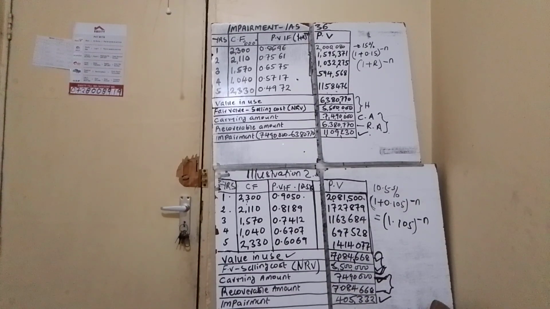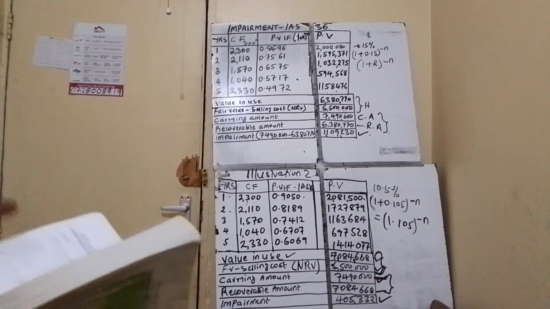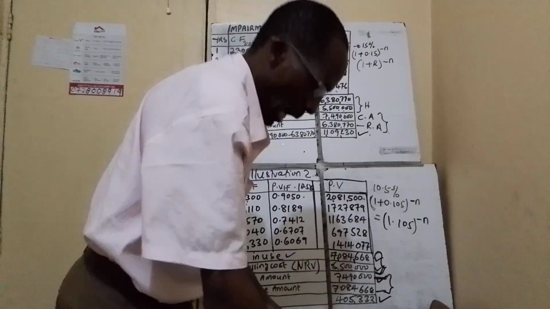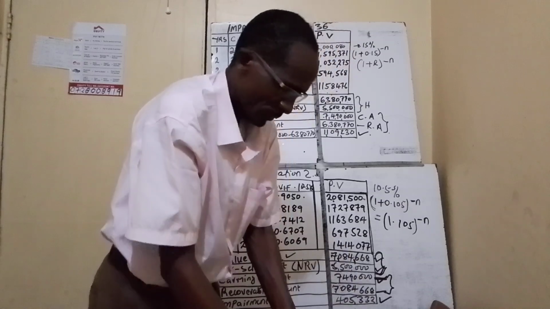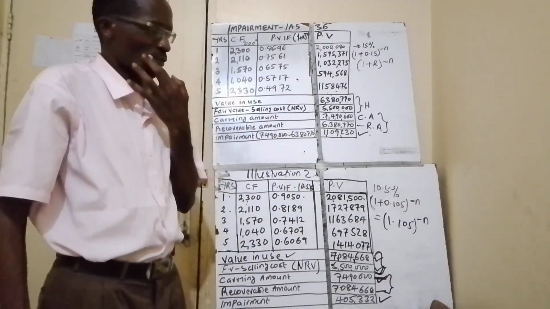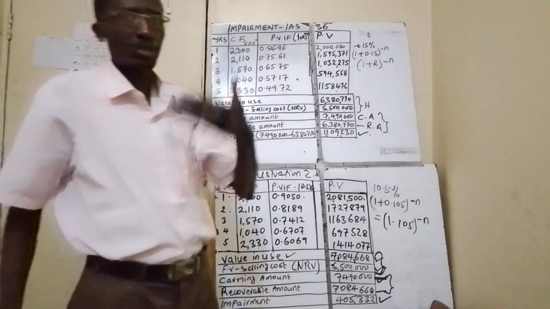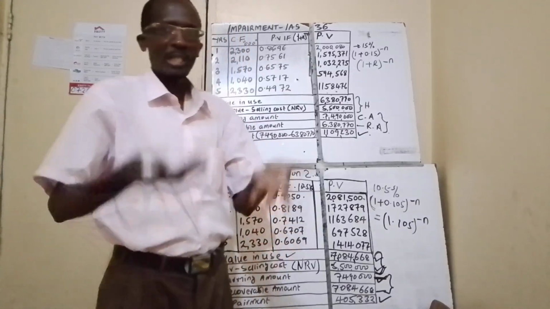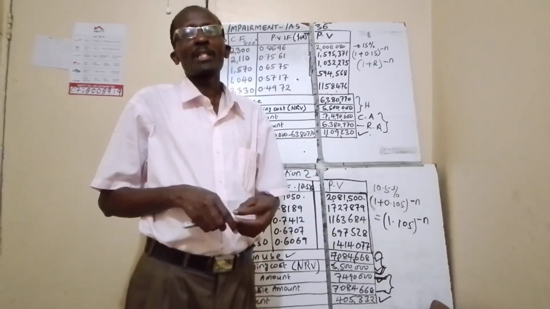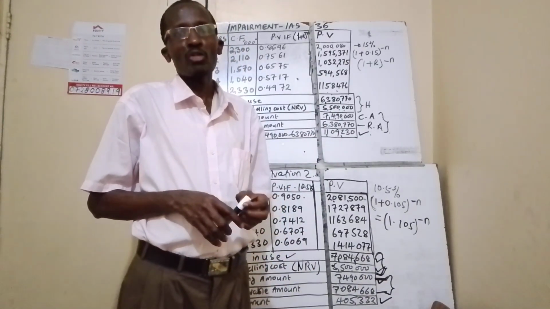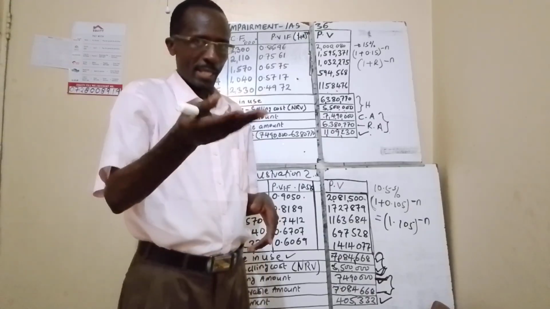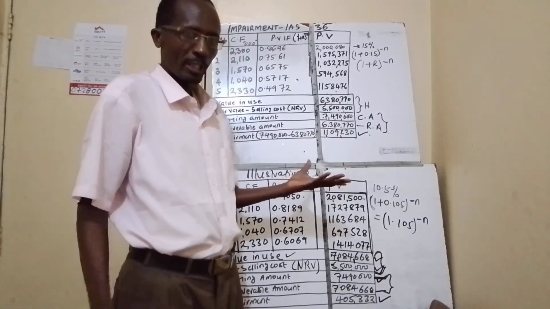I think that should be enough for impairment. However, let me promise that I'll take one more lesson for impairment, especially cash generating unit. I've just presented a worked out example for cash generating unit by the end of this discussion here.